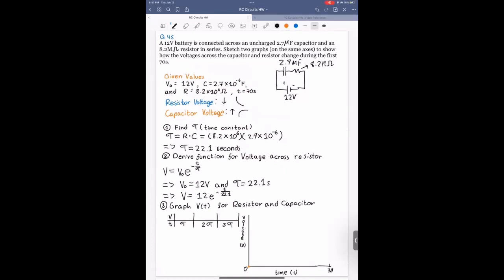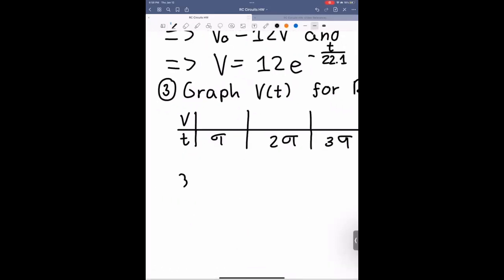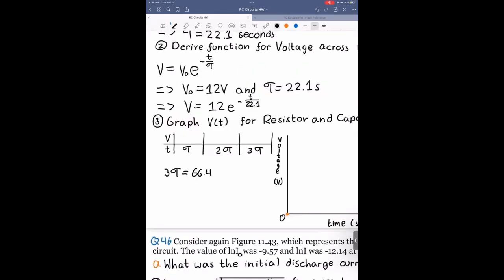Now, 3 times tau, and tau equals 22.1, is equal to 66.4. And since after 3 tau, the value of the voltage is basically 0, but not quite, then it will have a negligible difference to 70 seconds.